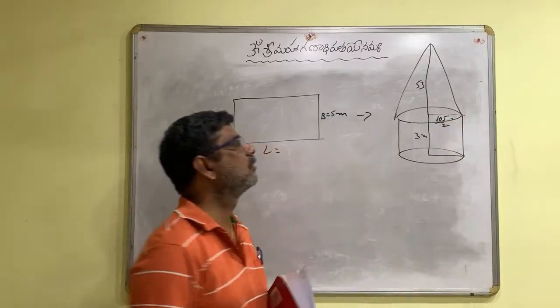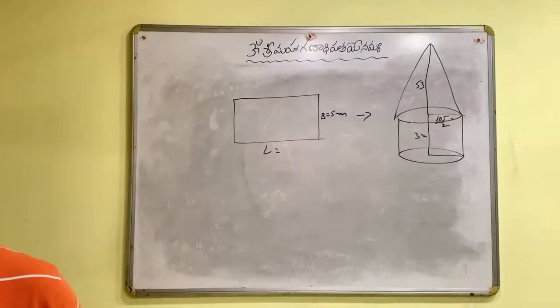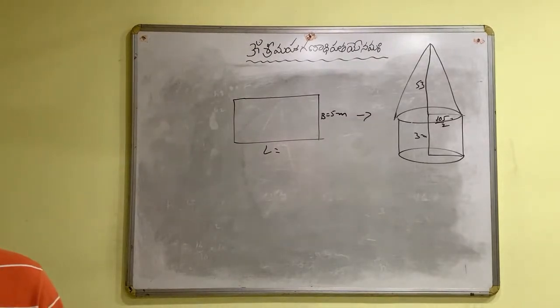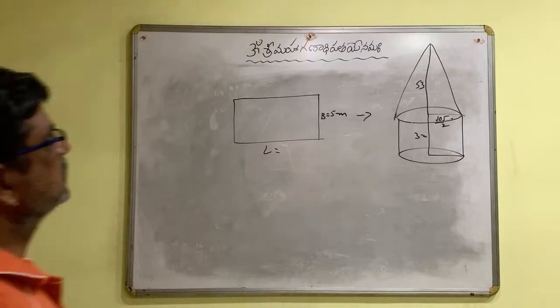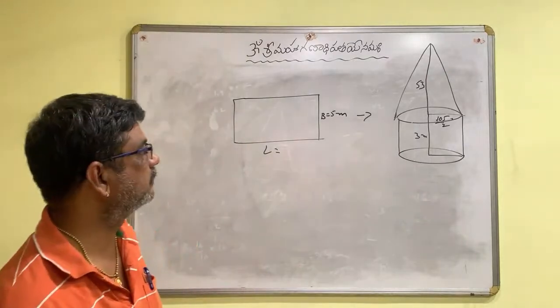Conical height 53 meters, cylindrical height 3 meters. How much length of canvas is required to make this tent? This is the question.